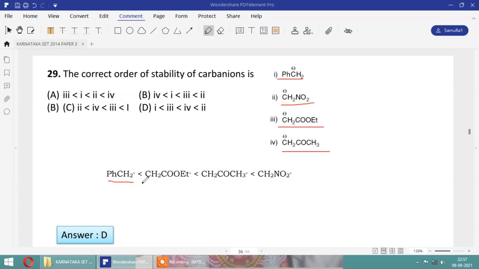So PhCH2 was less stable than CH2COOEt, which is less stable than CH2COCH3 minus, and which is less stable than CH2NO2 minus. The CH2NO2 minus was more stable because of electronegativity of nitrogen. So answer D was correct.